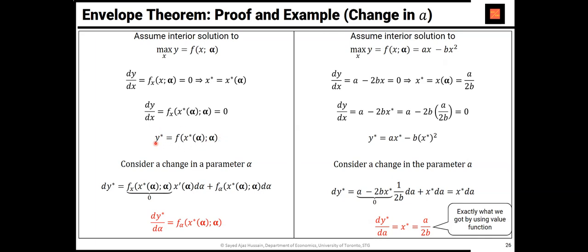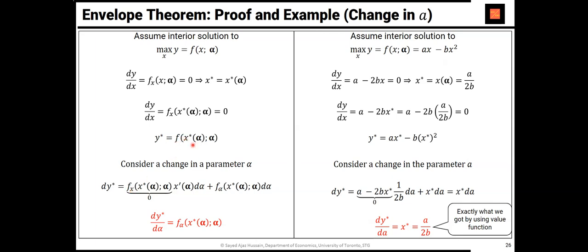So the total change in y is going to be equal to differentiate the f function with respect to x, multiply by the change in x. Sorry, alpha is changing. So the total change in y due to a change in alpha is the change in f due to a change in x, which means you differentiate the f function with respect to x.